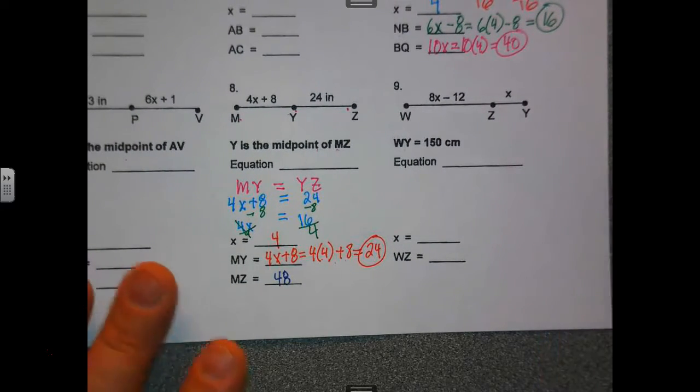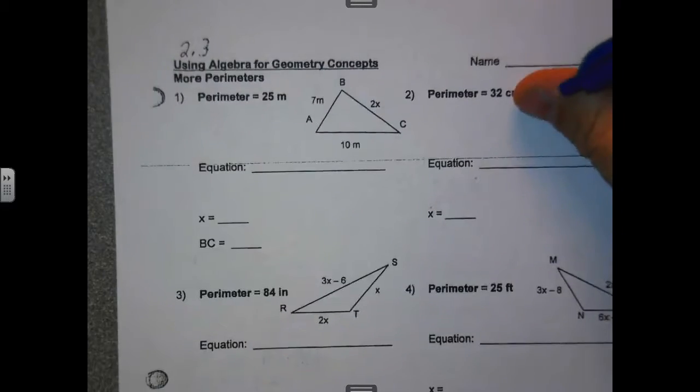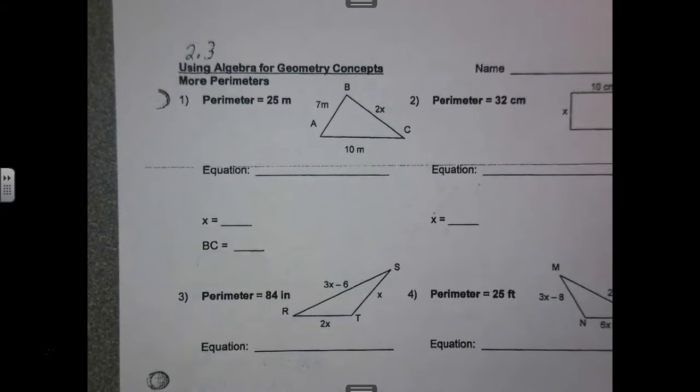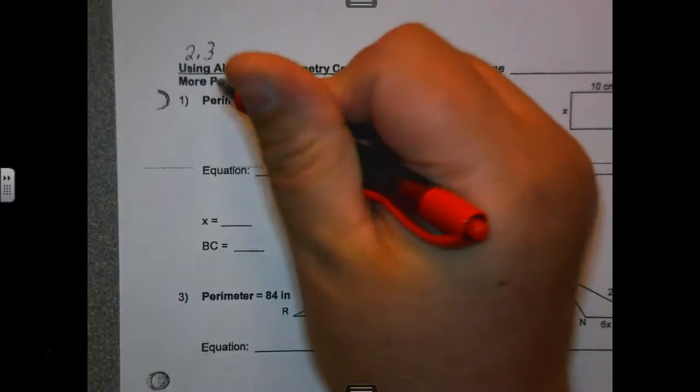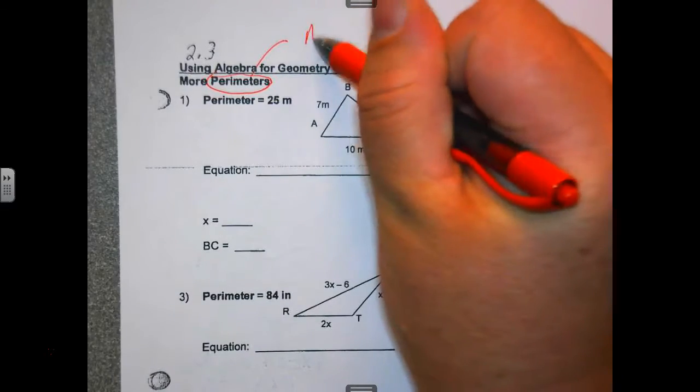You could do number 9. Let's do perimeter. To find the perimeter of any polygon, what do you do? Add up all the sides. Perimeters. Add up all the sides.